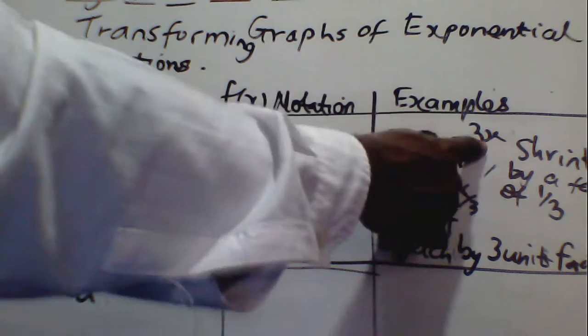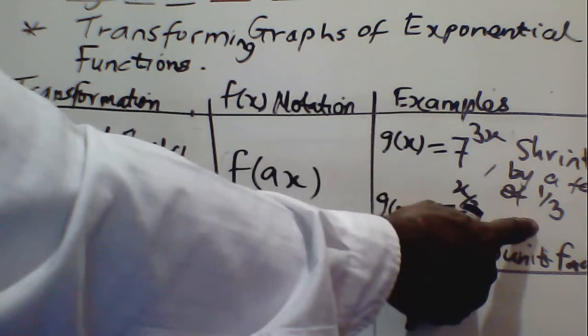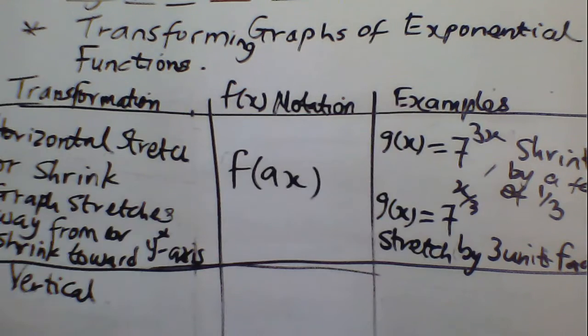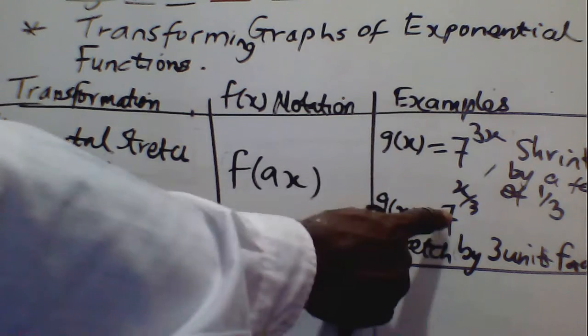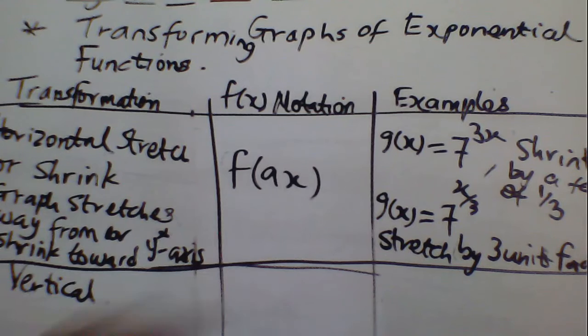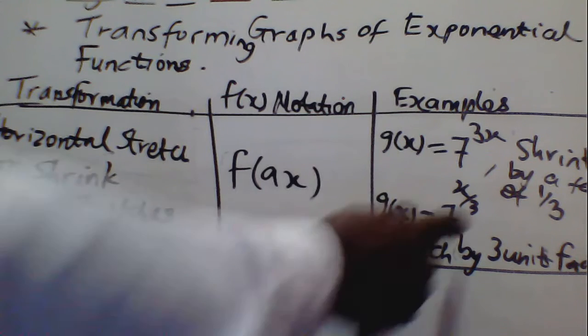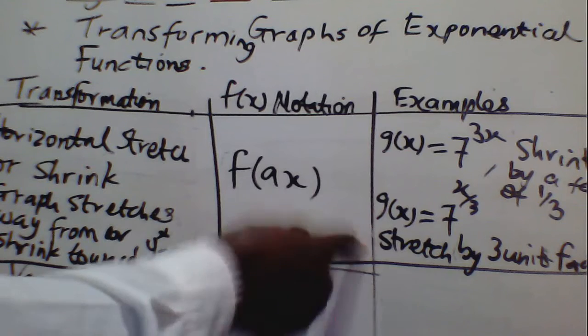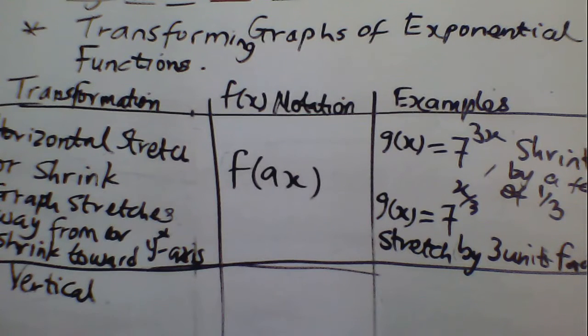If it is a whole number, it will shrink by 1 over that whole number, or 1 divided by whatever it is. The same if it's a fraction, 1 divided by that fraction will give us a whole number. In that case, it will be a stretch by a 3 unit factor.